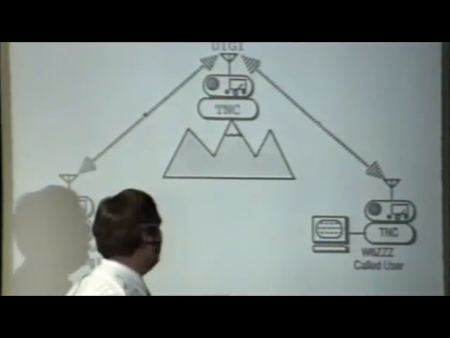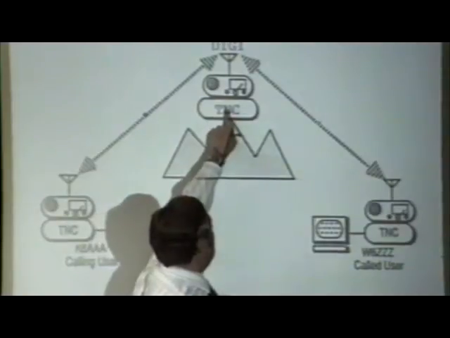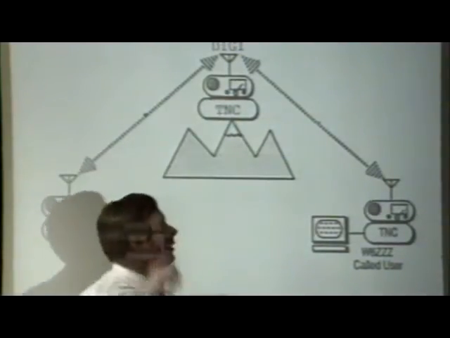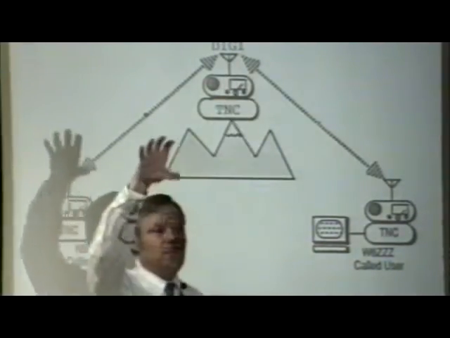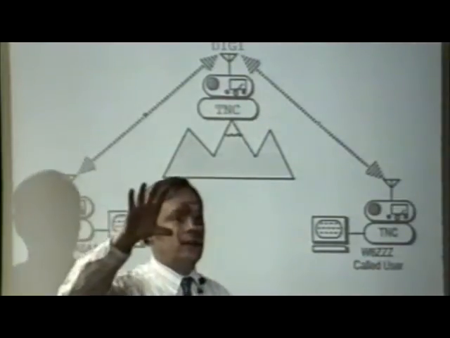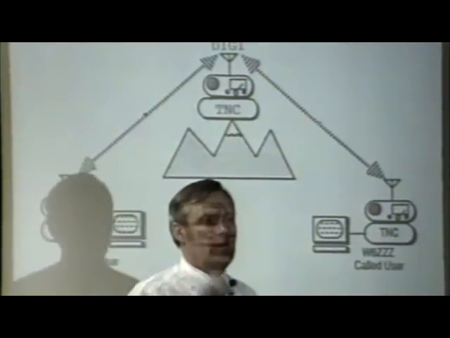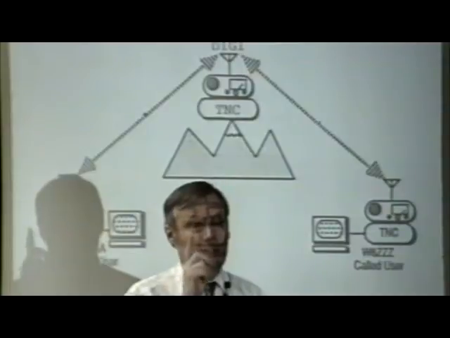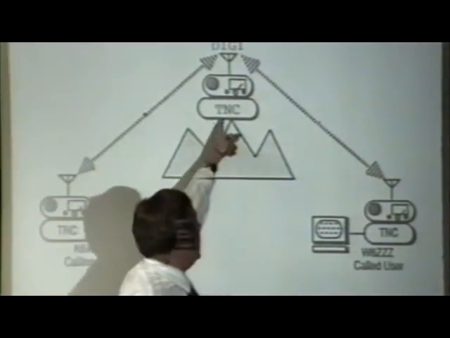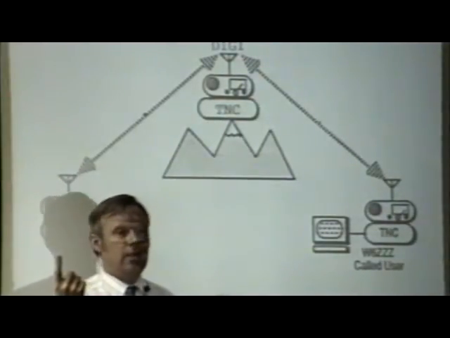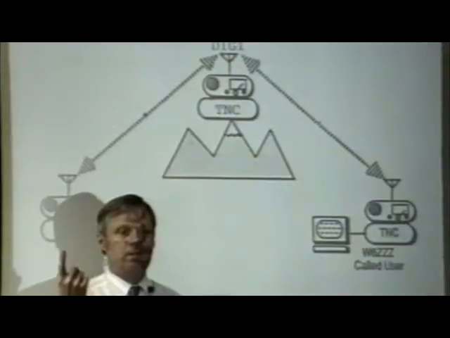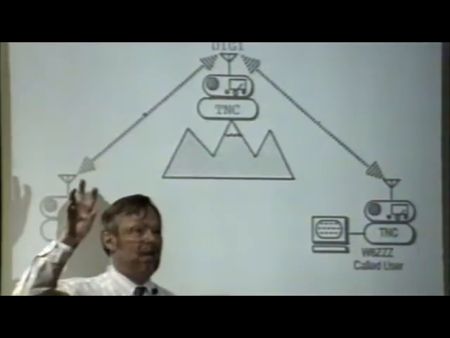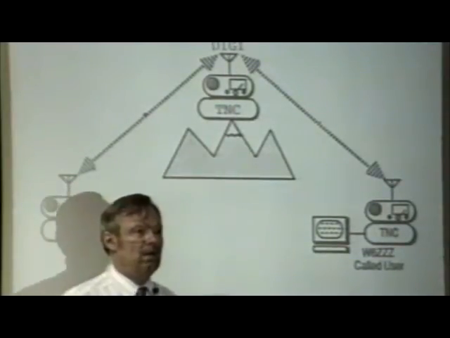If you remember that, this TNC is going to see that his address is in the via part of the address field of the SABM, and his has been repeated bit is not set. So he says, aha, I've never repeated that frame. Because if I had, I would have taken that has been repeated bit and made it a 1.